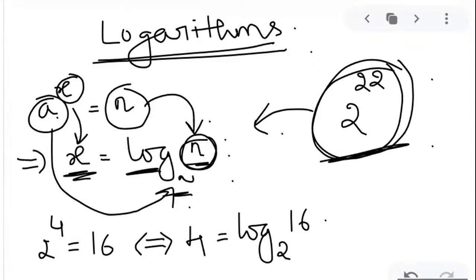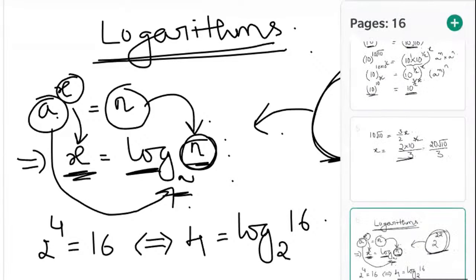All right, does it make sense? Yes, ma'am. So this conversion is something that you should be able to do pretty easily. So let's see 2 to 3 of these things. What is the logarithmic form of this?